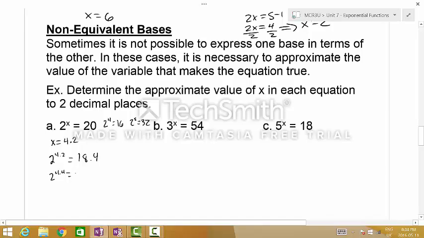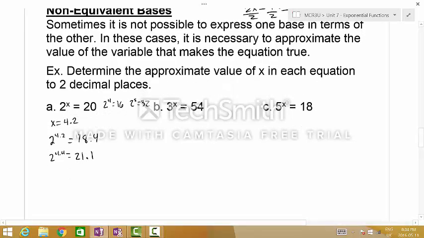That gives me 21.1. Closer, but too big now, so let's try, say, 4.35. That gives me 20.4. Again, we're getting closer, but we're not quite there.